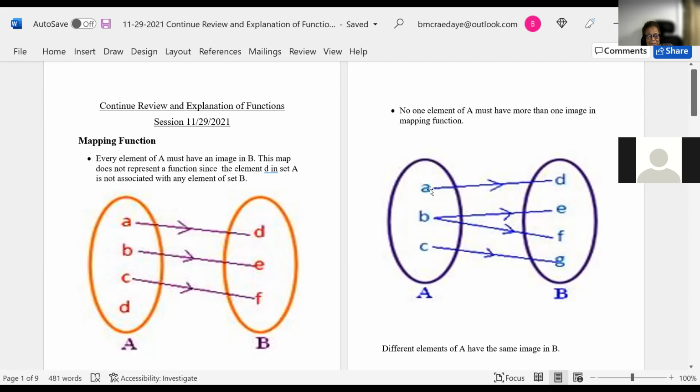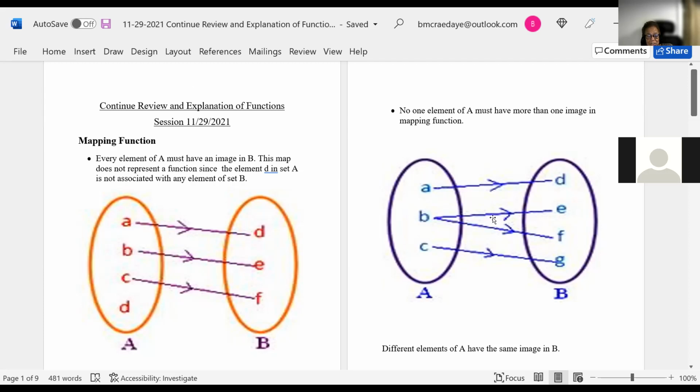Each element in A must map to just one element, like A to D, B to E. Once you put another duplicate B here, unless it maps to the same thing over here, then it's not a function. I could have had a B to E, then I could have B to E again.